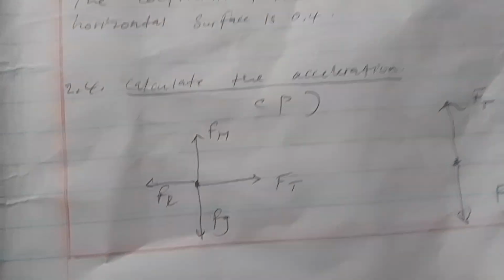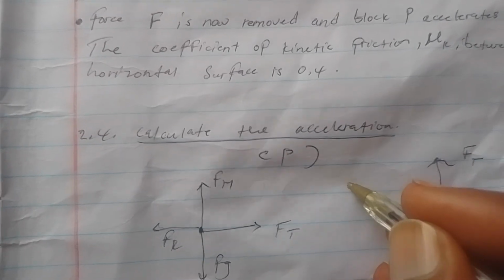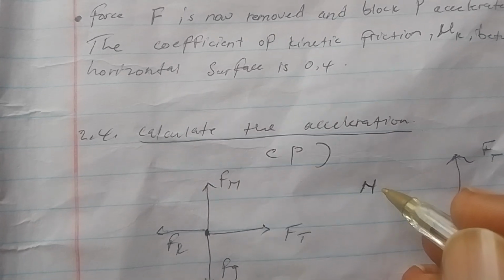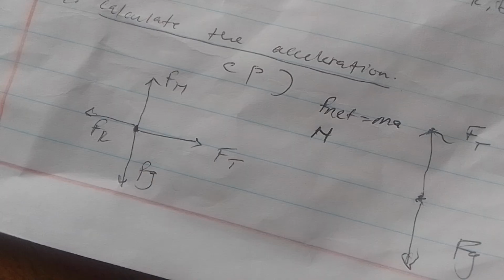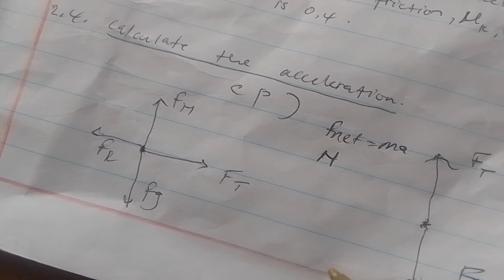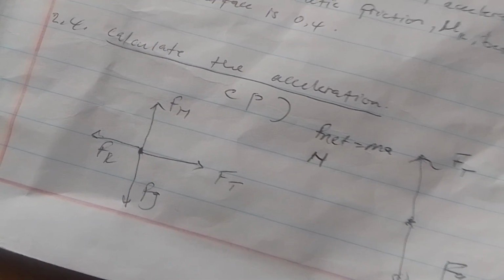If it's 0, let's look at our vertical forces on block P. We have the normal force, which is acting upward. Let's use the formula F net is equal to ma to work out our vertical forces. I'll take the upward force, the normal force, as positive, and the force going downward as negative.